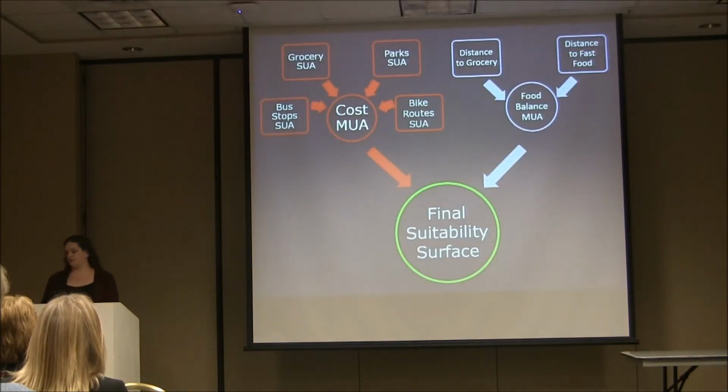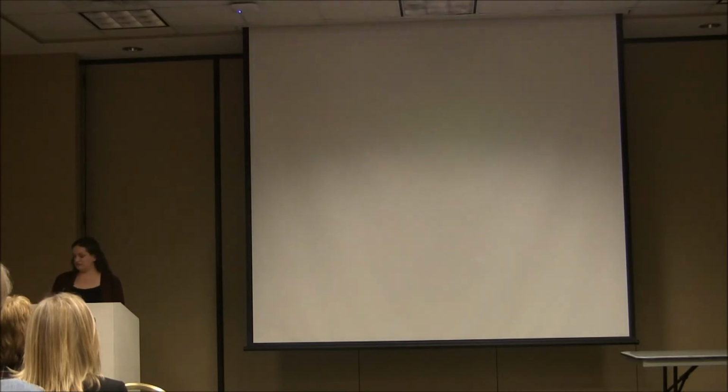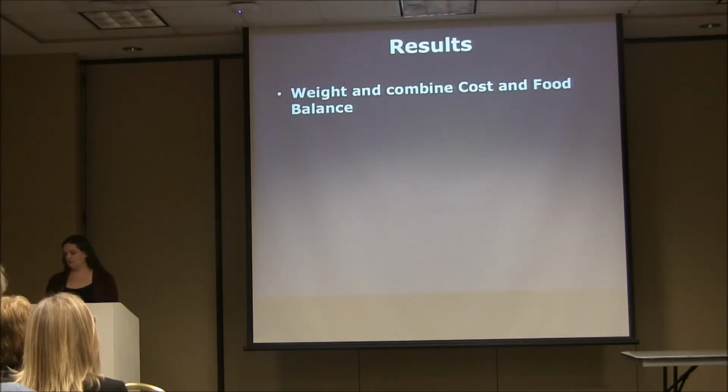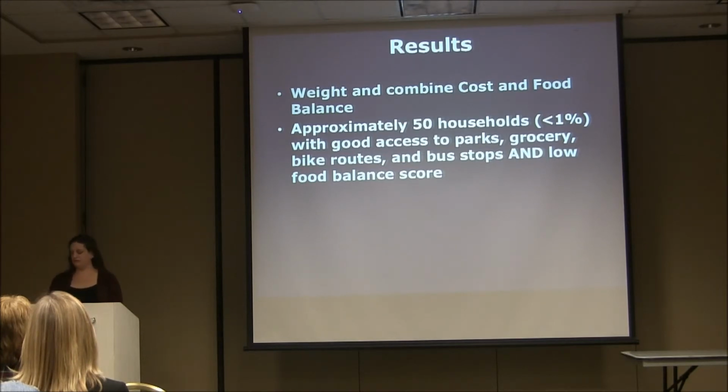Okay, so the results, combining that cost surface with the feed balance surface, and weighing them to get the final suitability surface. I found approximately 50 households, which was less than 1% of the population, had good access to grocery stores, bike routes, and bus stops, and also had low food balance scores, so low saturation.